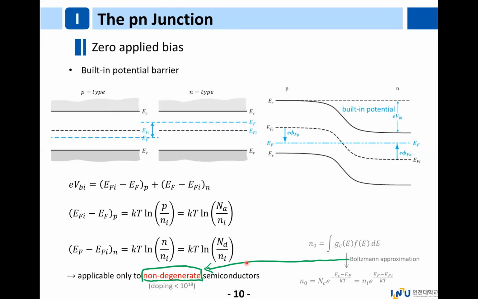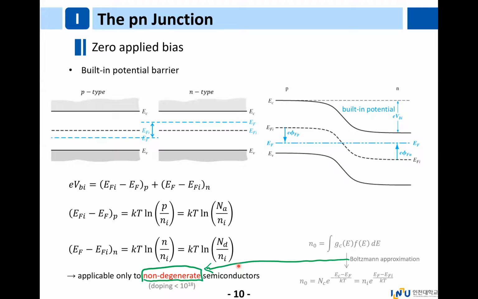Therefore, this formula is not valid when interpreting highly doped semiconductors with concentration exceeding 10 to the 18th power. Always keep these points in mind. Essentially, when interpreting a p-n junction with a very high dopant concentration, using this formula does not result in correct values.